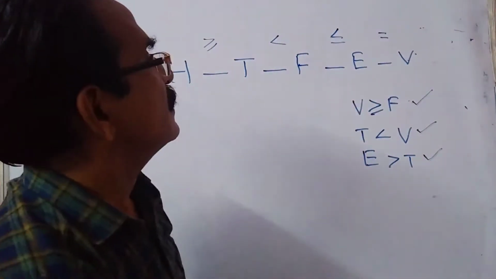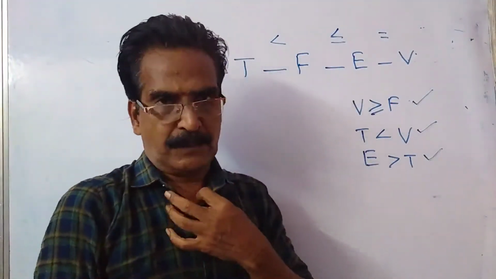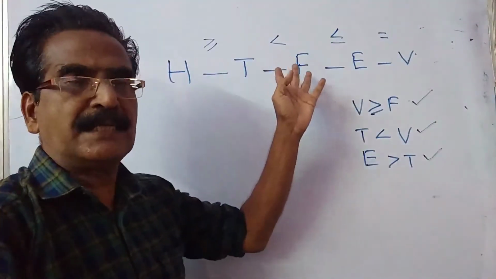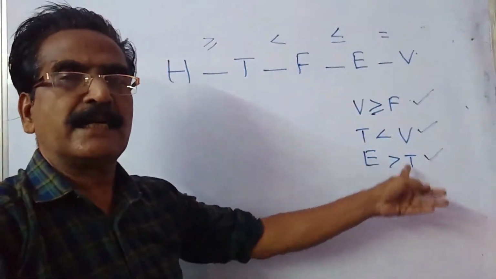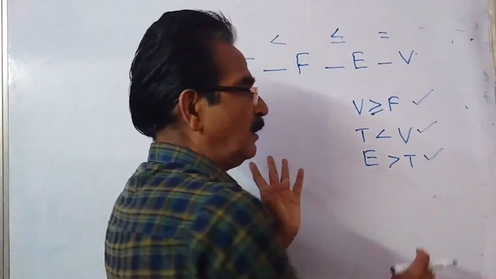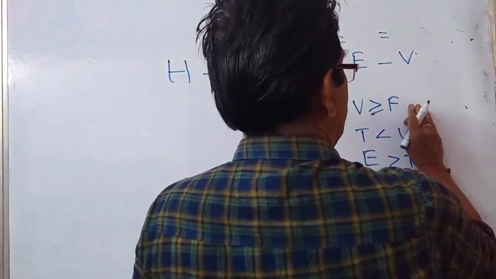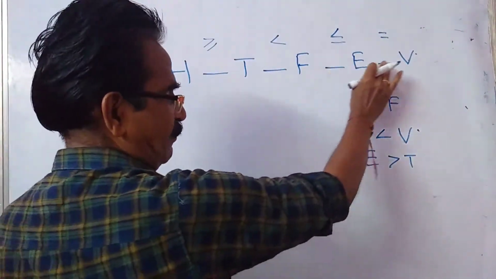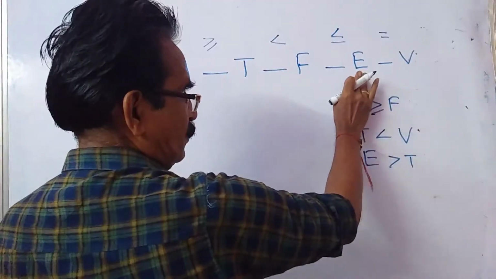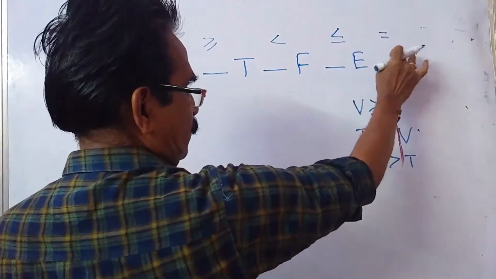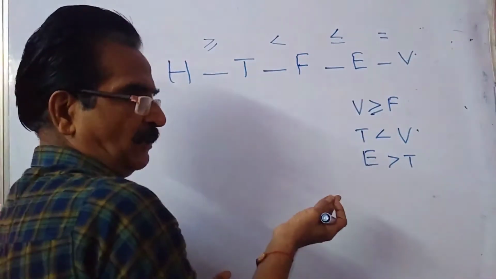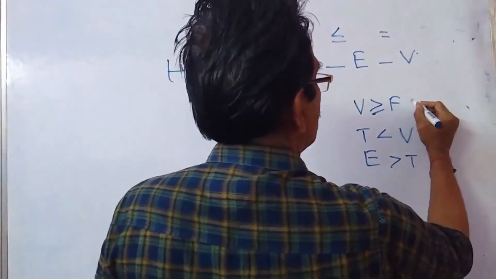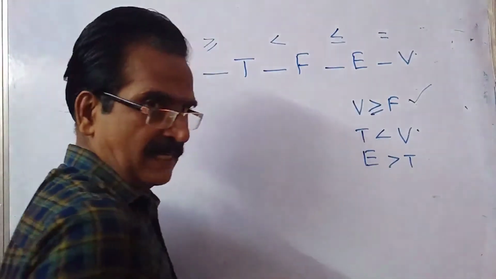Now let us see if we place these symbols, whether these three conclusions hold good or not. Okay, V greater than or equal to F. Yes. V is equal to E, E greater than or equal to F. So V also greater than or equal to F. So the first conclusion holds good.